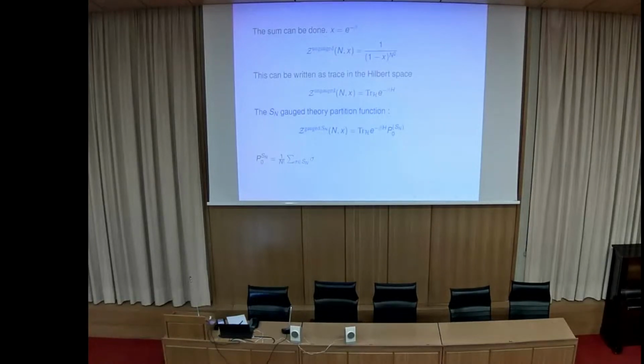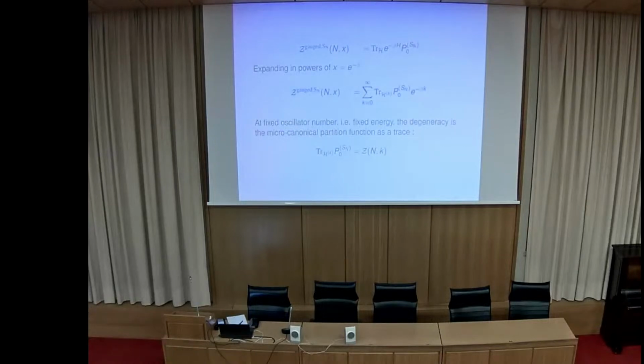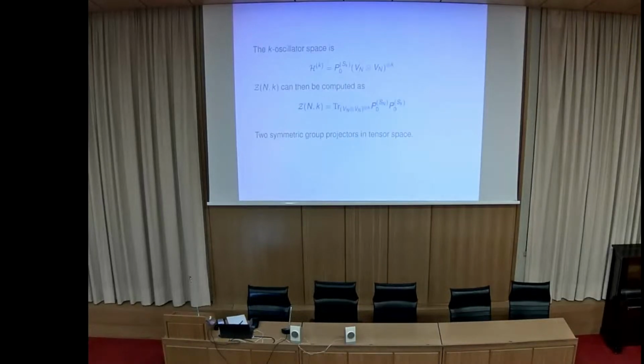When you do the S_N gauge theory, what you're counting is simply the S_N invariant states. So there's a projector which acts in some appropriate way on this Hilbert space, and you have to insert that projector and do this counting. The Hilbert space at level k is a k-oscillator Hilbert space, with e to the minus beta k, and you have the projector.